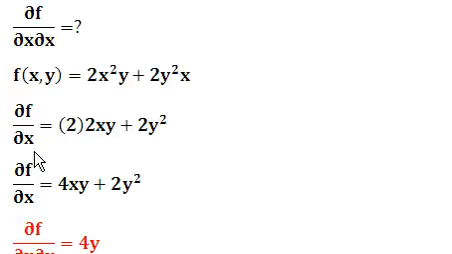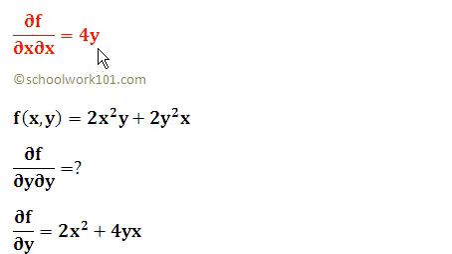Alright, now it looks like I do some simplifying here. Now we're going to take the derivative of it again with respect to x. The derivative of x here is 1, but what are we left with? Just its coefficients, which becomes 4y. And then this is just a constant right here, and the derivative of this constant is 0. So we're left with 4y.